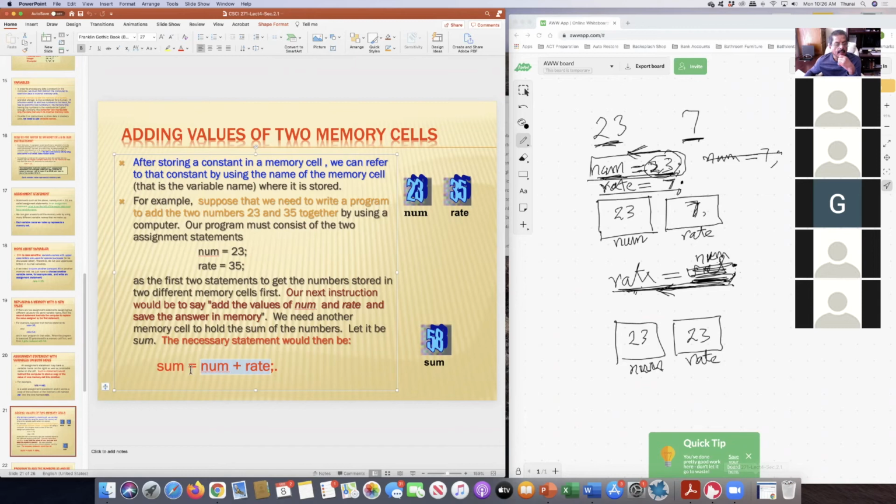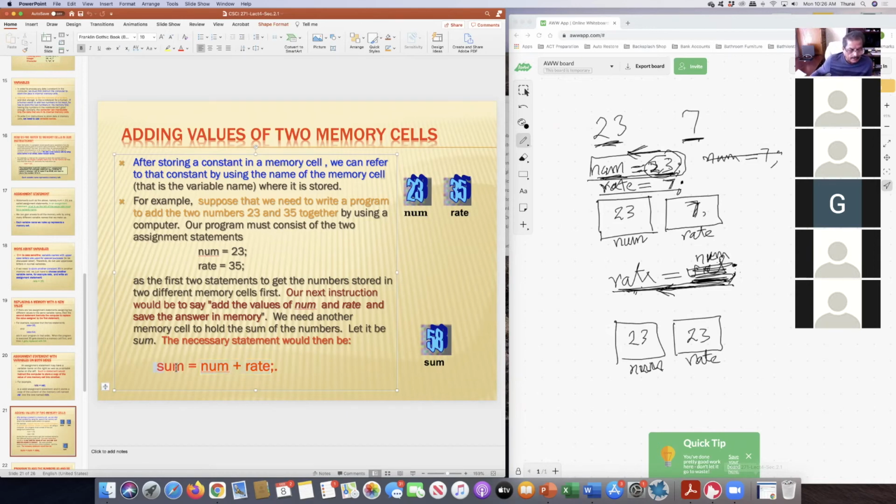And then I have to assign it, this equal sign means assignment, to another variable name, because we had to put the answer in another name. So if you write sum equal to num plus rate, it'll add up num and rate and store the result in sum. Now remember, sum equal to num plus rate has to be written in this order. If you write num plus rate equal to sum the opposite way, that'll be wrong. The compiler will not compile your program because it's not understood.